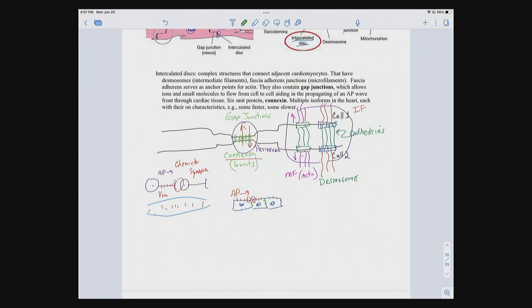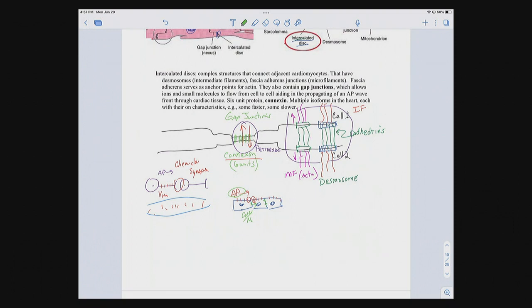So what's going to happen is when you have an action potential here, it's going to open up those connections, those gap junctions, and then typically you're going to have calcium and sodium flowing in, and the movement of the positive charge into the next cell is enough to bring the voltage-sensitive sodium channels in that next cell to threshold, and then you have an action potential there, and so forth.